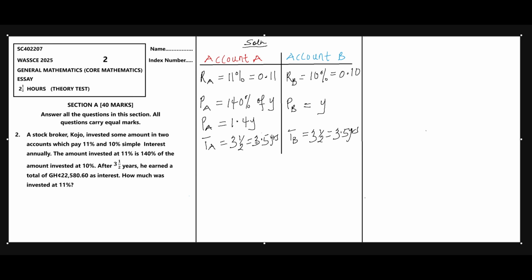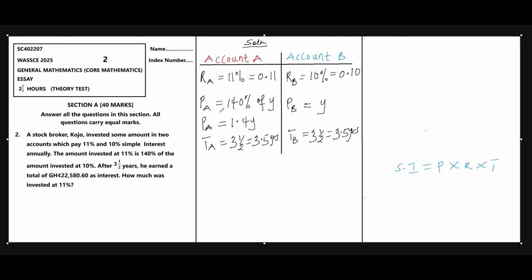So the sum of the interest from the two accounts must be equal to the total interest earned. So we know that simple interest, you should know this formula. Simple interest is equal to principal times rate times time.